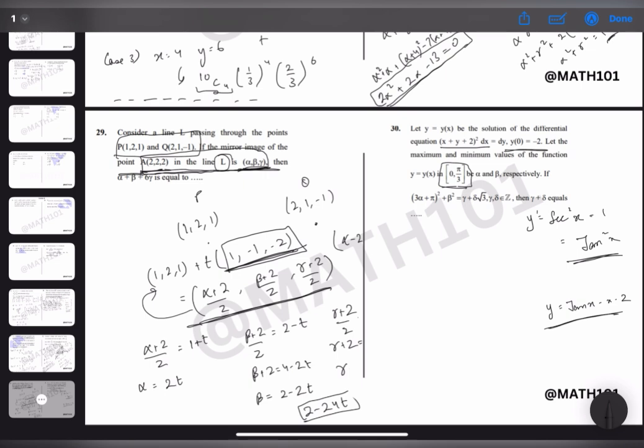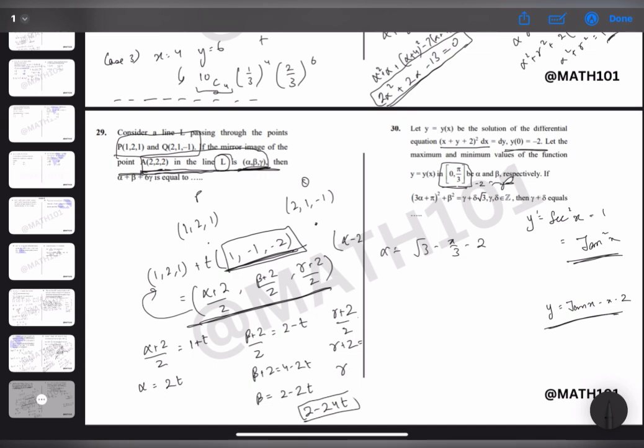So the minimum will be minus 2 at 0 and the maximum would be root 3 minus pi by 3 minus 2 at pi by 3. So 3 alpha plus pi, this is alpha, this is beta.